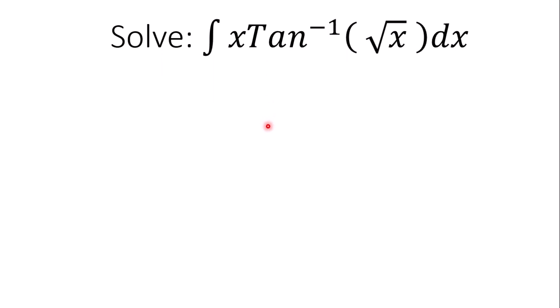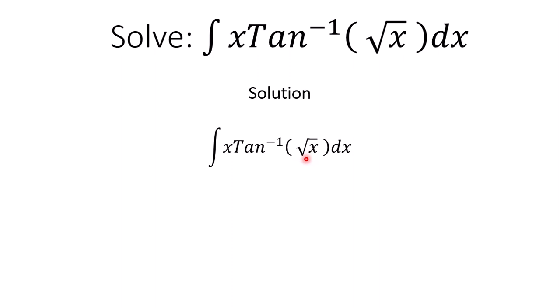But first, let's write our solution. And then let's bring this integral down here. The integral of x tangent inverse of square root of x dx. I said we are going to use the substitution approach to take away the square root of x.